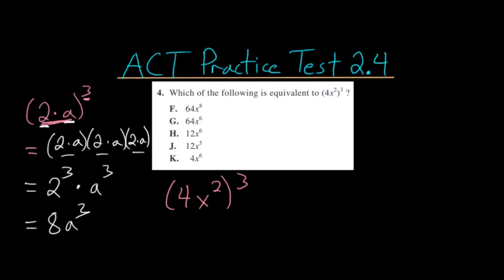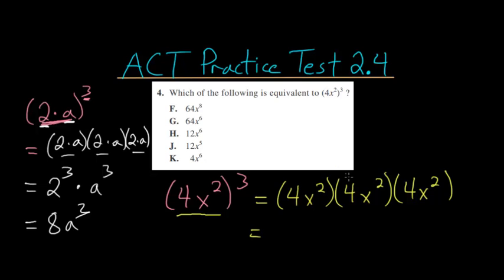So now that we have a better idea on how to cube a product, let's apply it to our particular problem. So this 4x squared, all raised to the third power, we're essentially multiplying this expression, this 4x squared, by itself 3 times. So let's just write that out. We have 4x squared times 4x squared times 4x squared.